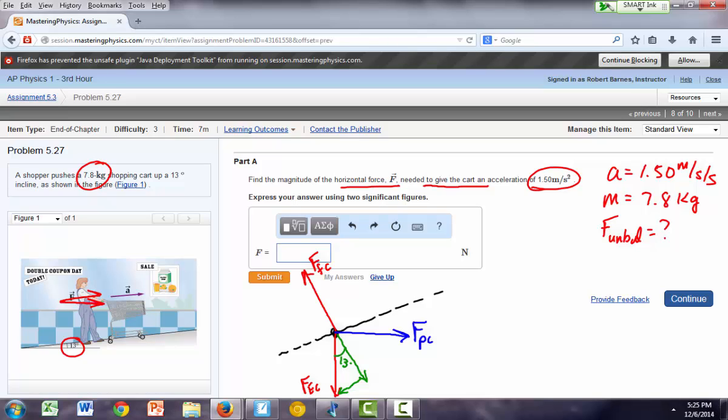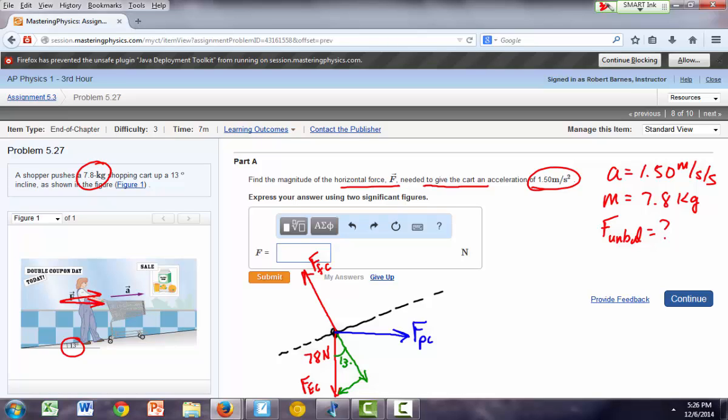The mass of the cart is 7.8 kilograms, so I know this is 78 newtons right here using 10.0. 10.0 might be a problem with Mastering Physics. I have not typically used 10.0 with this. I usually use 9.81. I'm going to go with 10.0 and see. I'm probably not going to be off by enough to cause my answer to be wrong. So 78 newtons, we'll call it that.